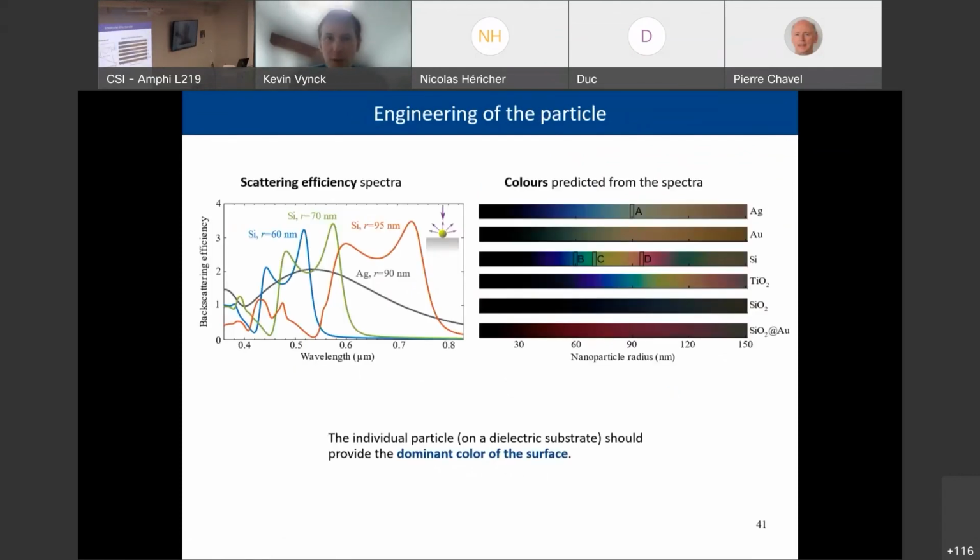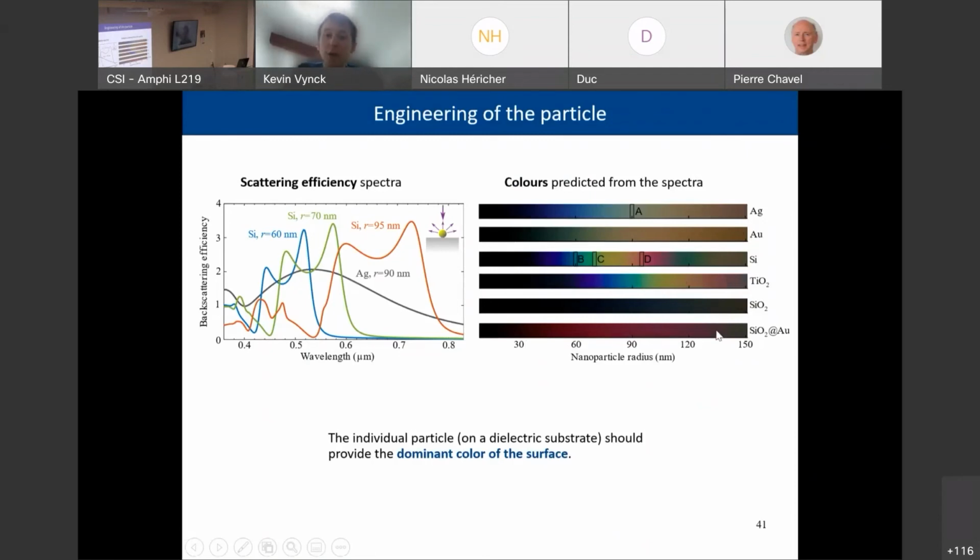So the first step is to look at just the engineering of the particle. And this is basically what everyone has done so far, changing the material of the particle or the size of the particle. Here you can see that different materials and different sizes of particles will, a priori, generate different colors in reflection.